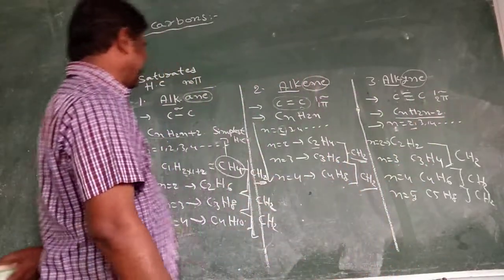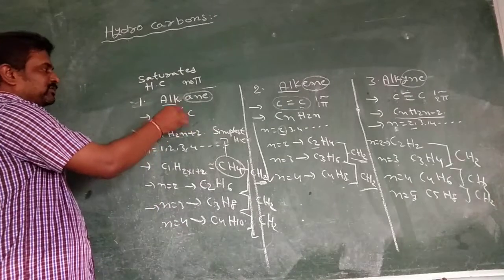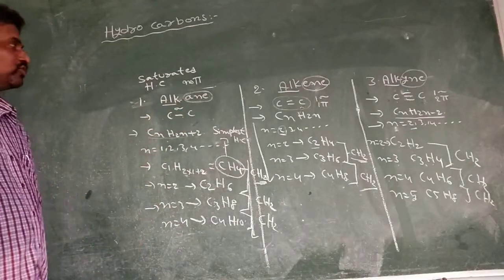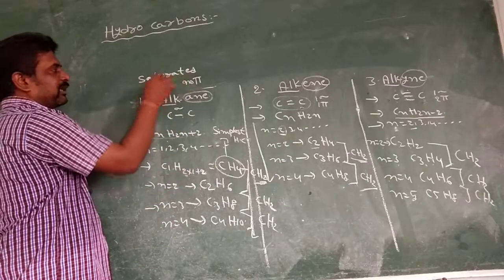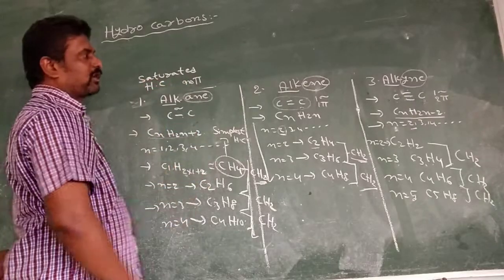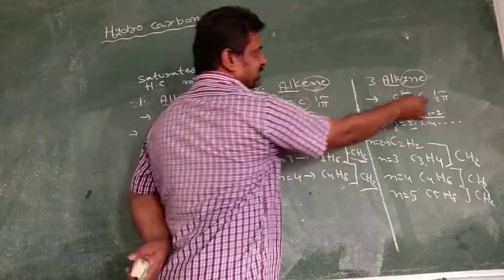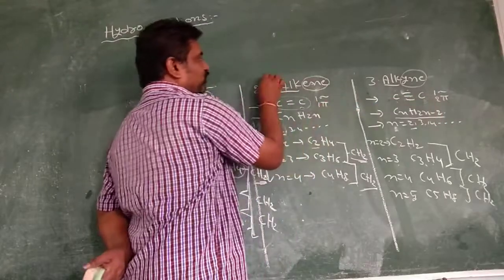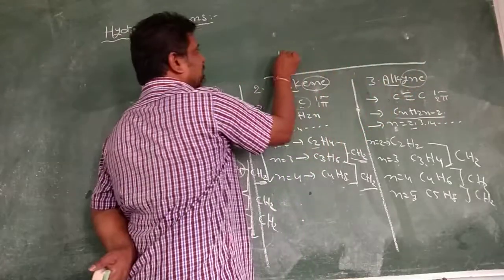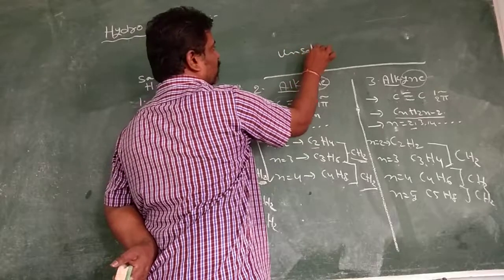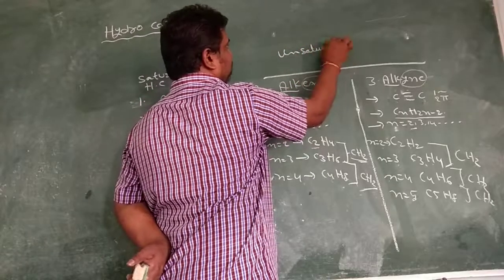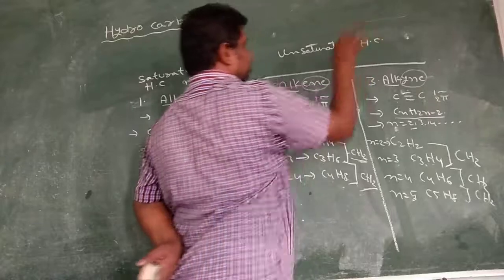In the alkanes, all are sigma bonds. There is no pi bond, so those hydrocarbons are called saturated hydrocarbons. Alkenes and alkynes contain pi bonds, so these two are called unsaturated hydrocarbons.